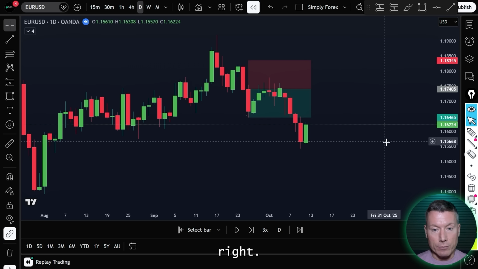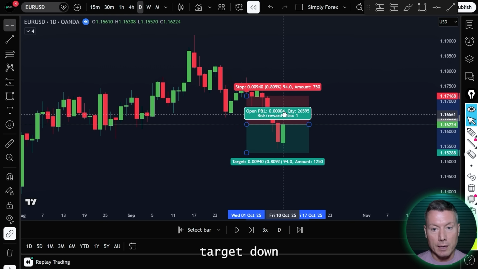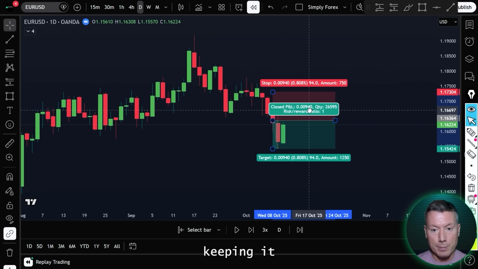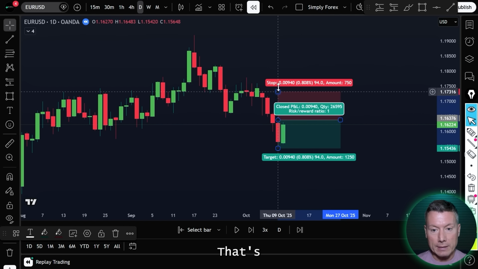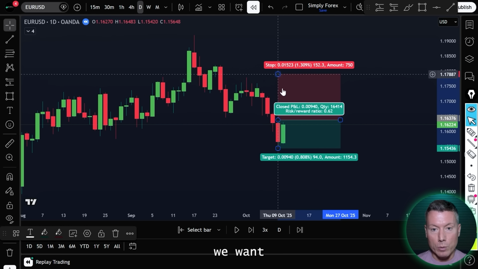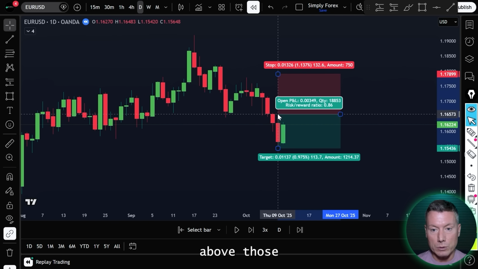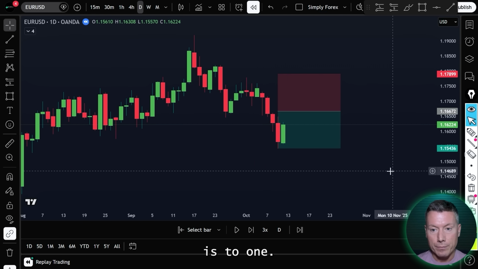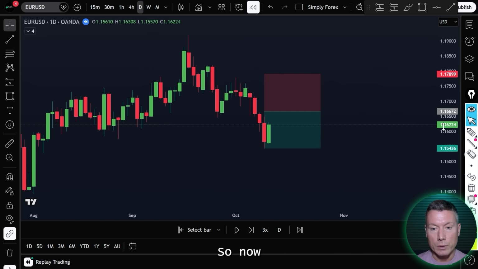And again, if we now move this target down, I'm keeping it as 1:1. That's our target. We know we want to put our stop loss above those highs. And remember, we want a minimum of 1:1, right? So there you go. So now the very minimum you should wait is this level here, because that gives you 1:1.